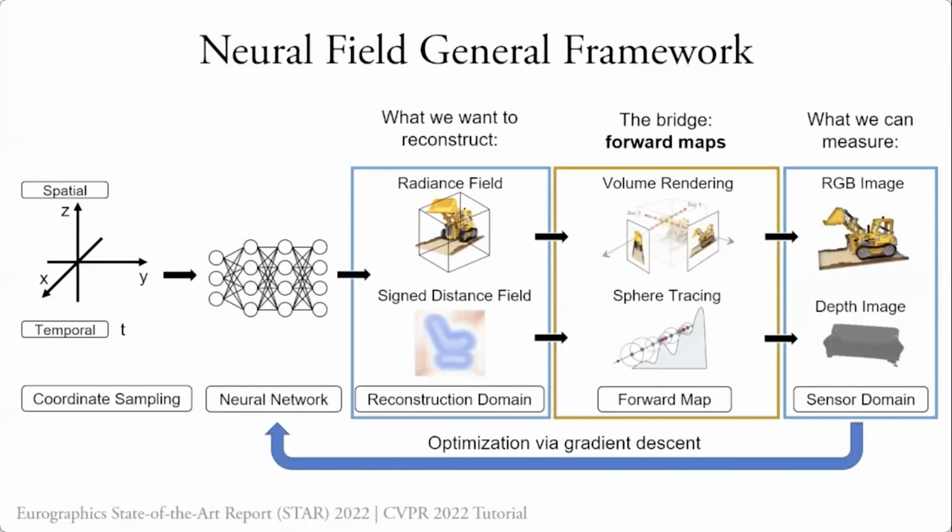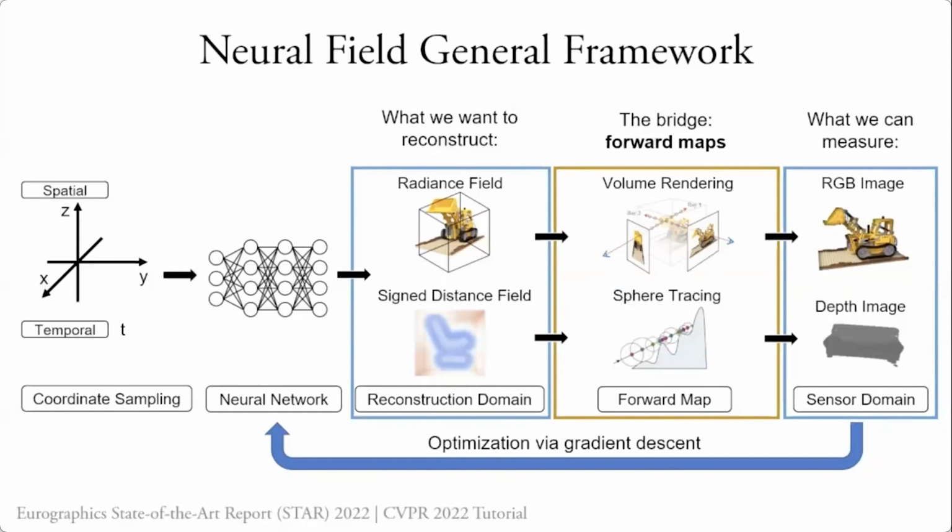What happens is that the parameters of the neural network are optimized by rendering an image from the radiance field, say, and then comparing the current output to what was sensed by the camera itself. And it turns out that when you couple gradient descent with these neural networks, they are very, very good at solving these ill-posed problems of reconstructing the geometry or the lighting or the material of a scene.